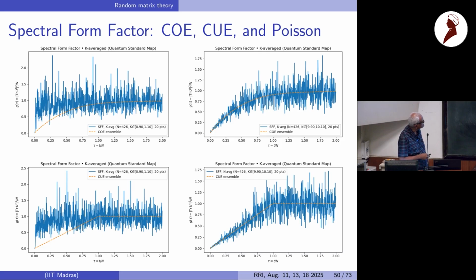I have broken parity, but I have kept time reversal in this case. This blue fluctuating line is the spectral form factor. It's highly fluctuating, but you can see that it's fluctuating around 1, which is the Poisson value, and it almost immediately goes to 1.